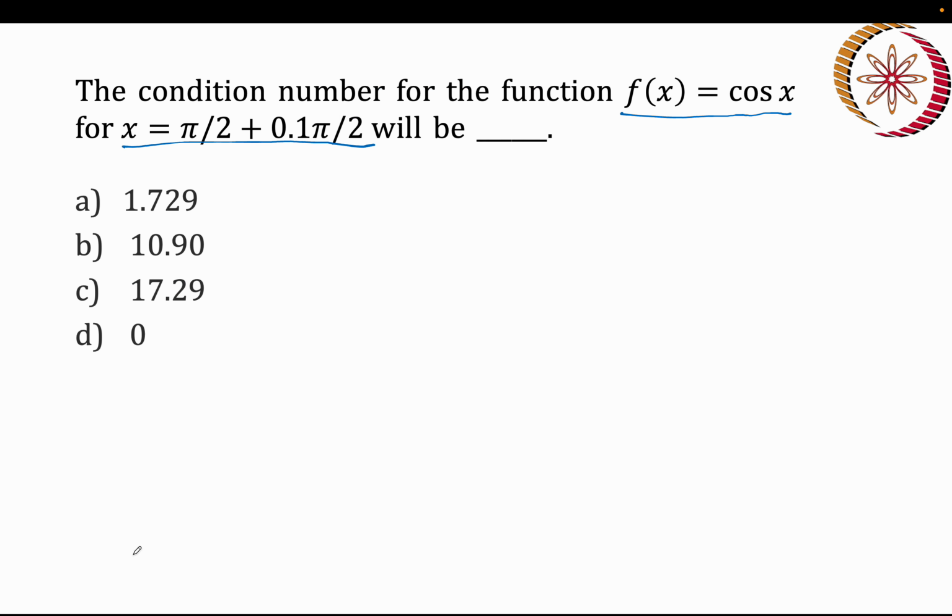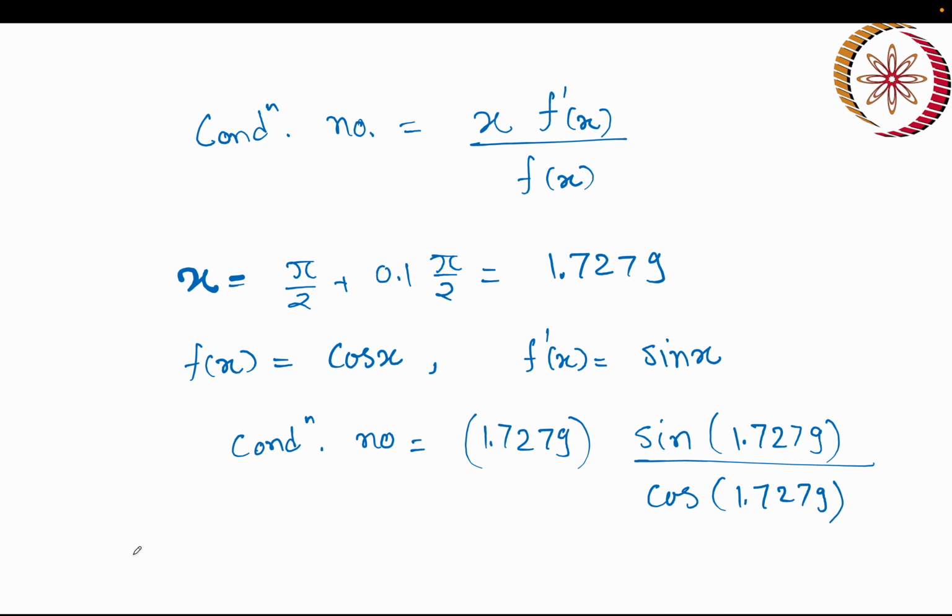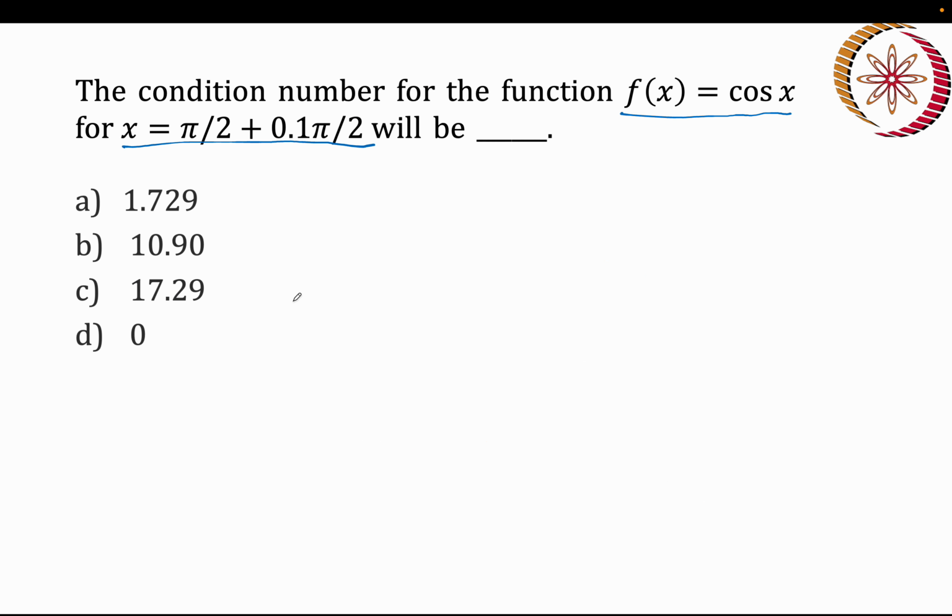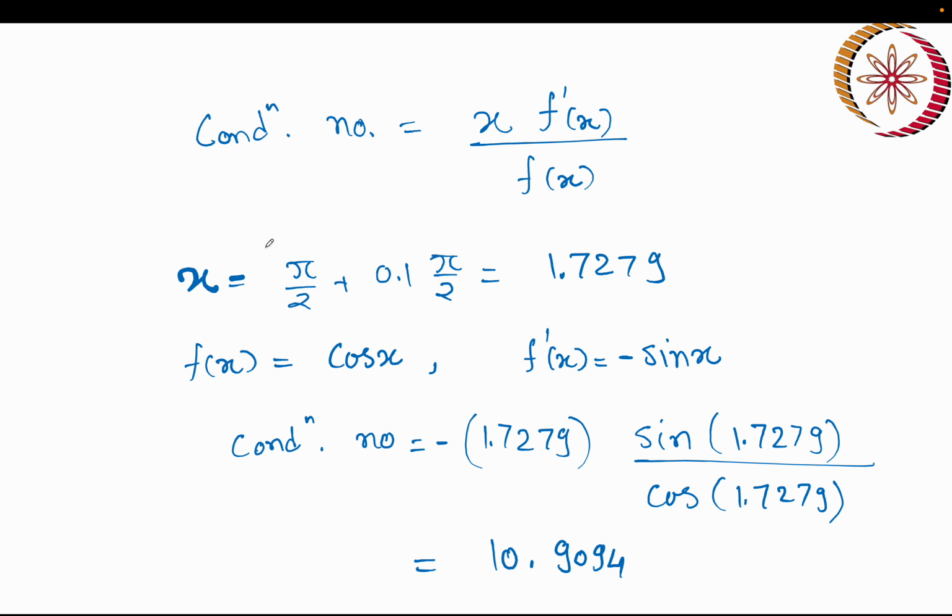Here the derivative will be negative, so this is minus 10.9094. Okay, so this is the correct option. I hope this is clear. So we'll go to the next question.